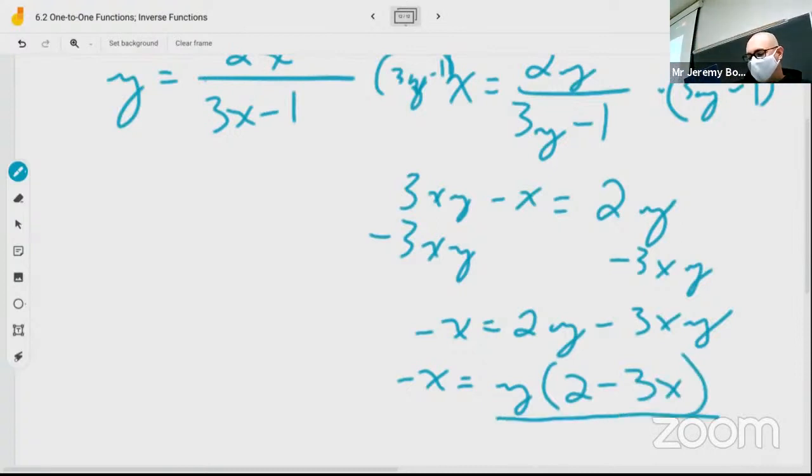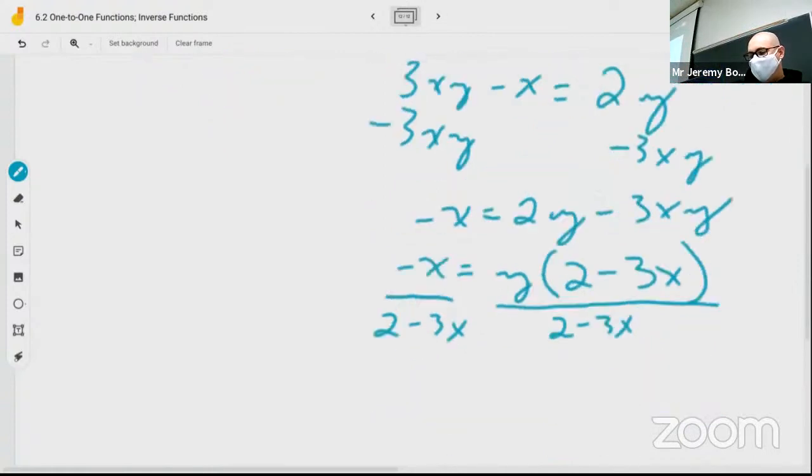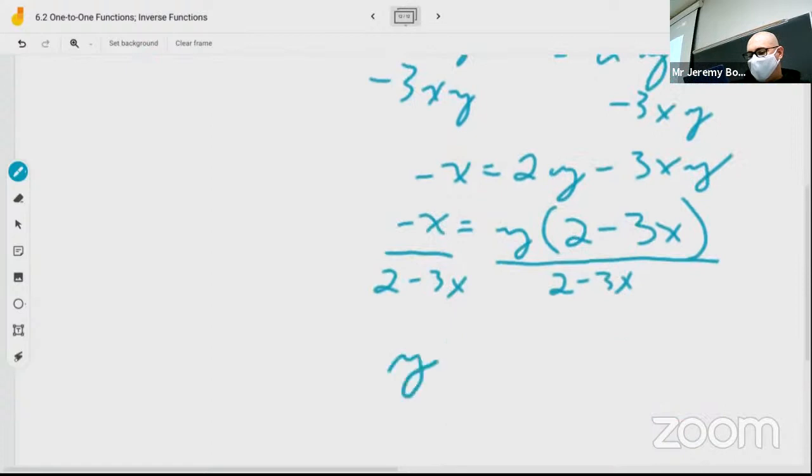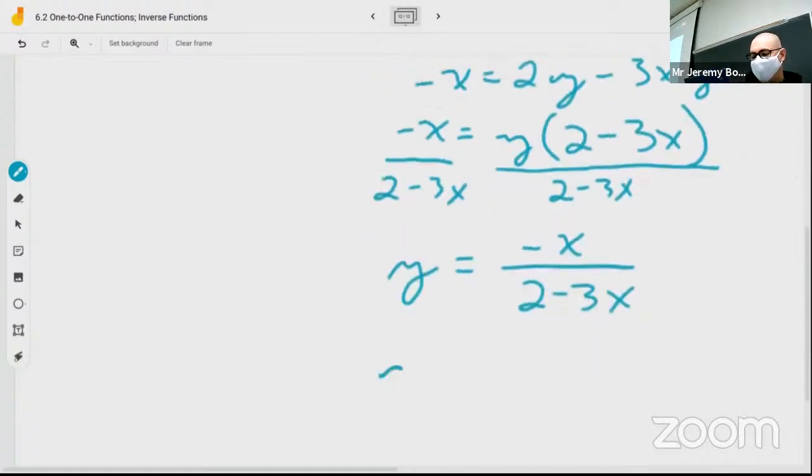I'm going to divide by 2 minus 3x. And we'll end up with, let's rewrite it the other order. So y is equal to negative x over 2 minus 3x. And if negatives bother you as much as they do me, we can write that as x over 3x minus 2.